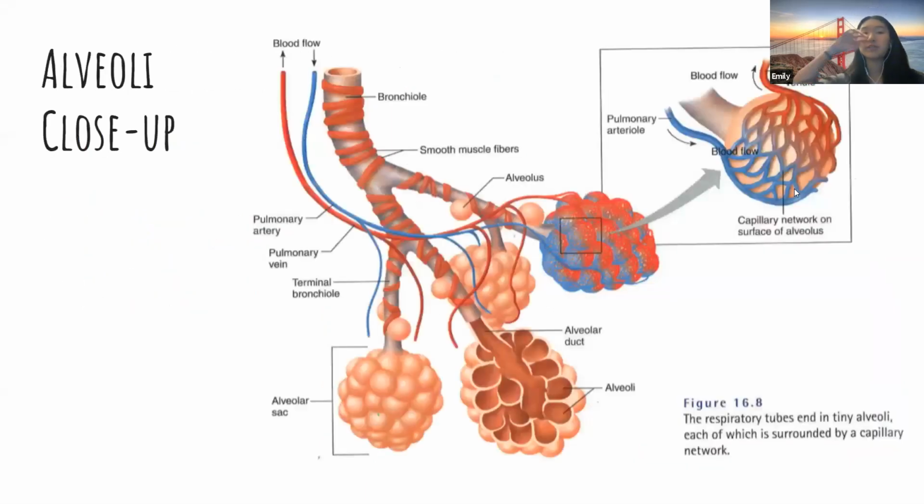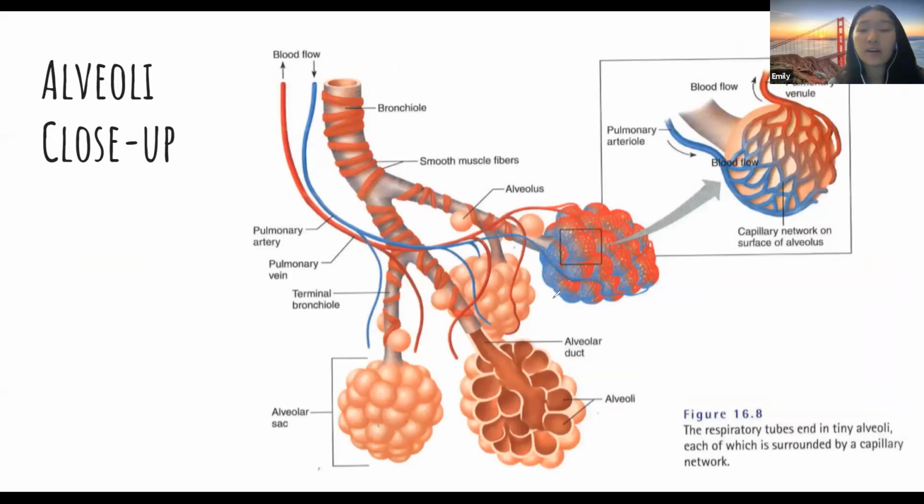I'm actually going to skip to the alveoli first, and then we'll talk about the pleural membranes. I know I've been hinting at the alveoli and referencing them for a really long time, talking about how all of these branches of the tree-like structures within your lungs are going to end in the alveoli, but never really talked about them. So here we are.